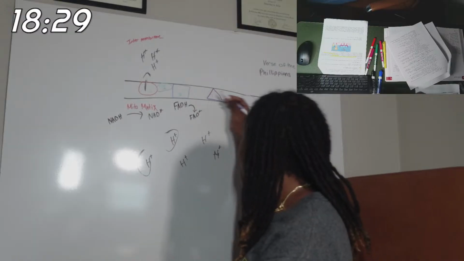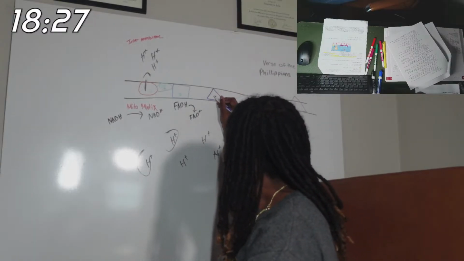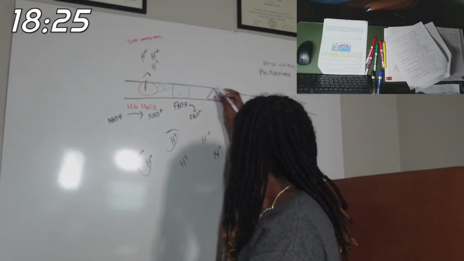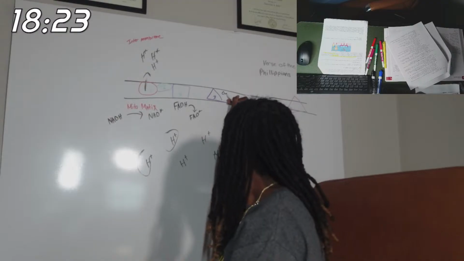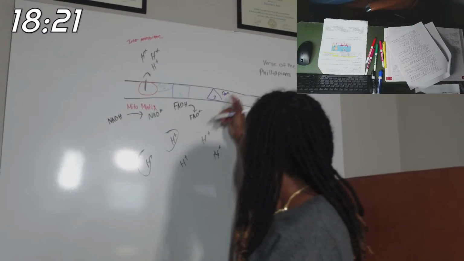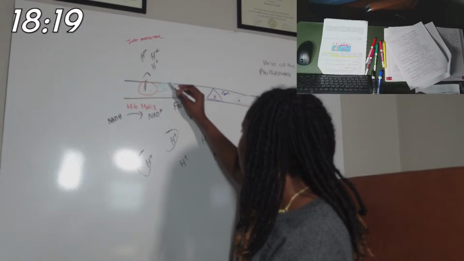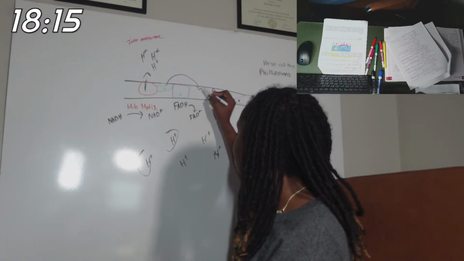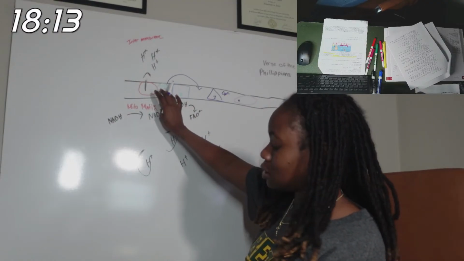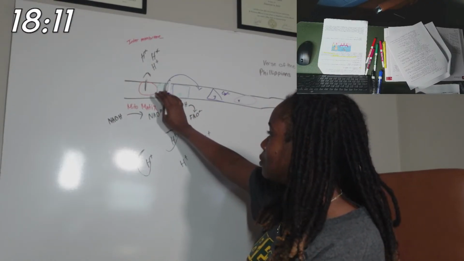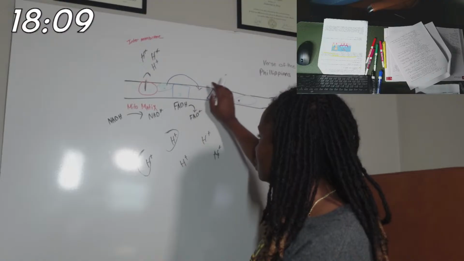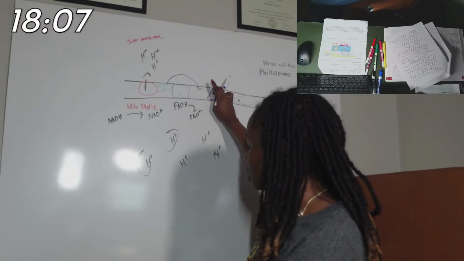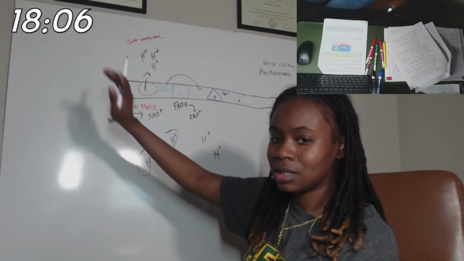So boom. Here we are at 3, then at 4. Cytochrome C is giving its electrons. CoQ is giving its electrons to complex 3. Complex 3 doesn't know what to do with them.